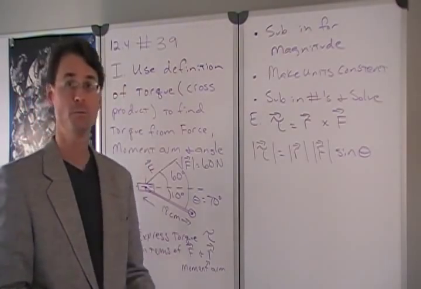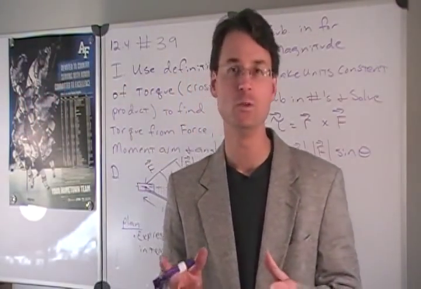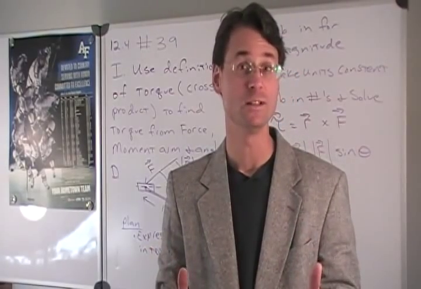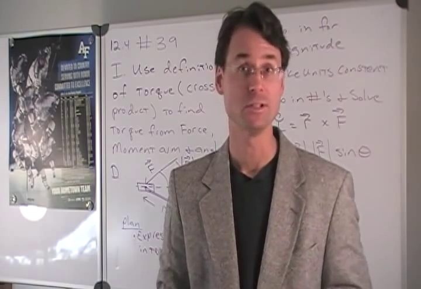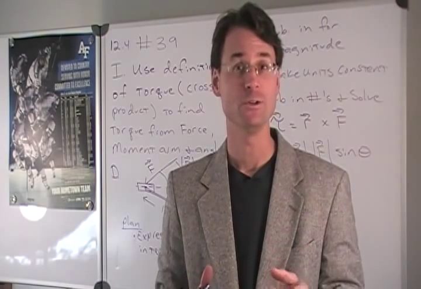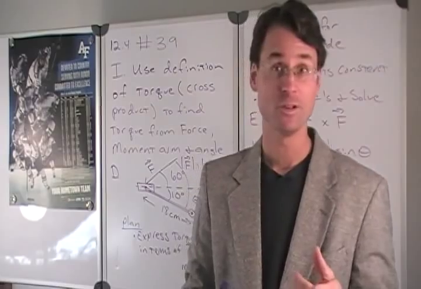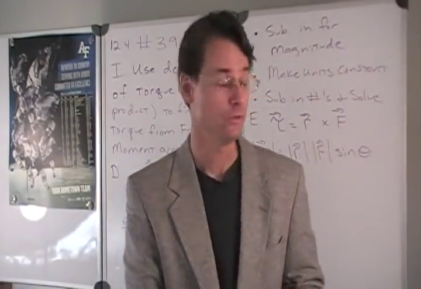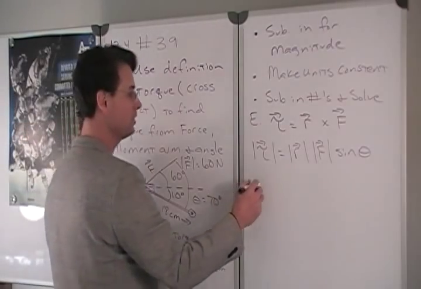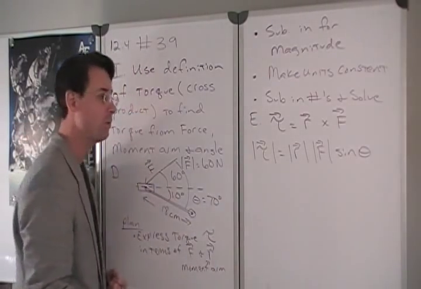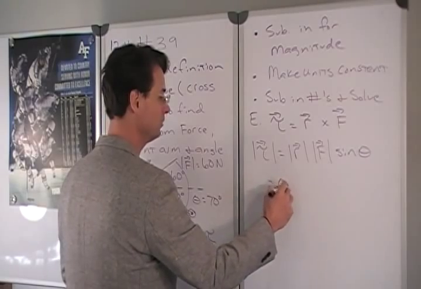Let's also be careful because when you work in a physics problem, you need to do it in a consistent system of units. Most physics is done in the SI, or the metric system of units, where forces are measured in newtons and lengths are measured in meters. So we were given the moment arm as 18 centimeters, but we want to note that that's 0.18 meters.